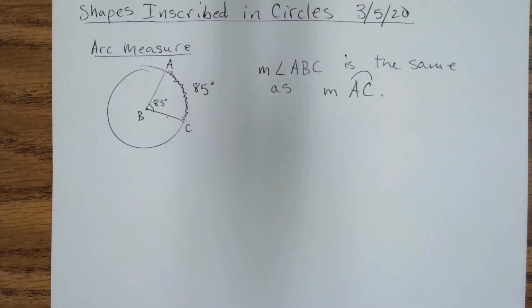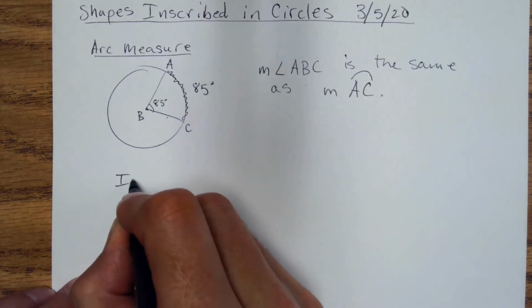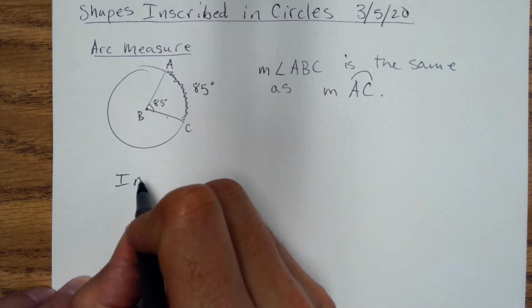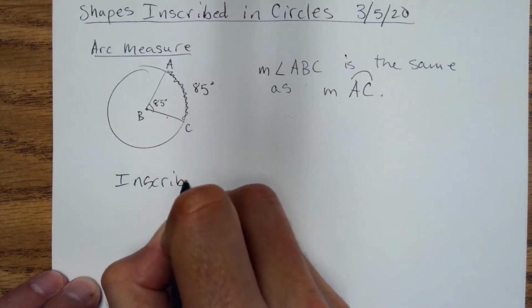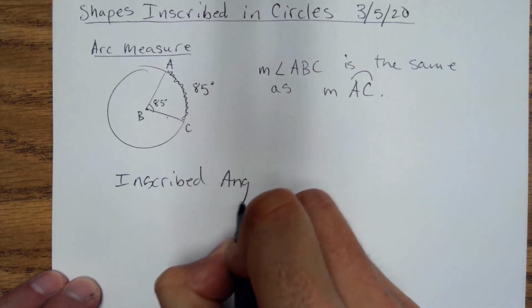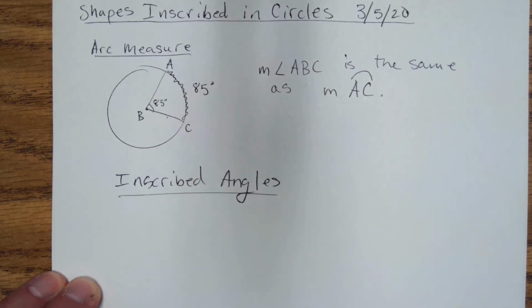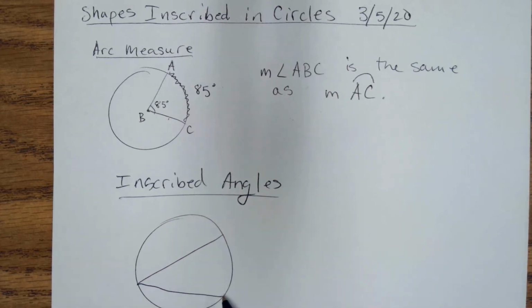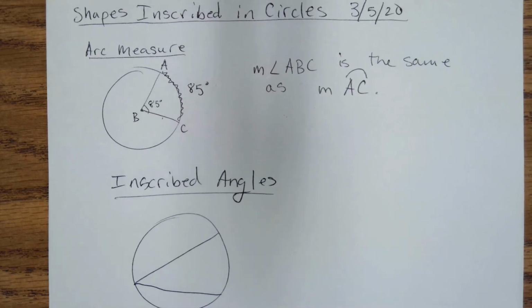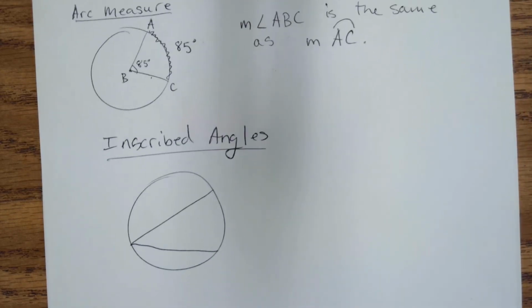I guess we can say one last thing before we get to the examples. So for inscribed angles, I'm just going to write down all of what I just said. Inscribed angles. Instead of having the central angle, we don't really need that piece.